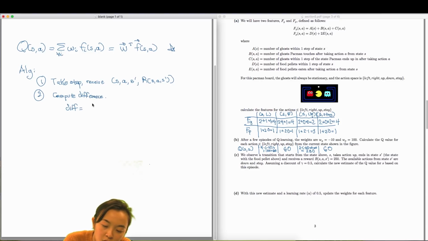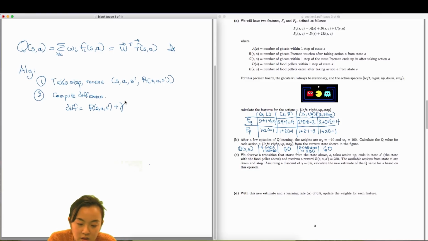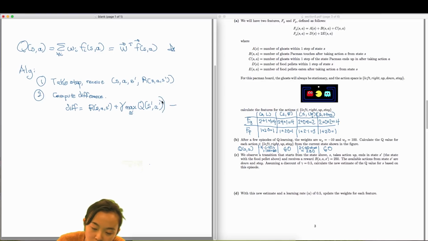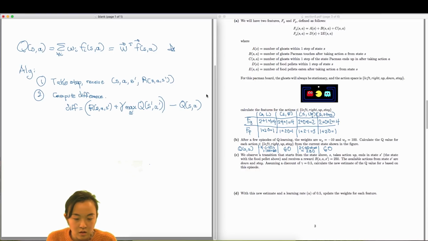Which is defined as the reward plus the discounted version of the V value at state S prime, which can otherwise be written as a max over Q values, like so, minus Q(S, A).